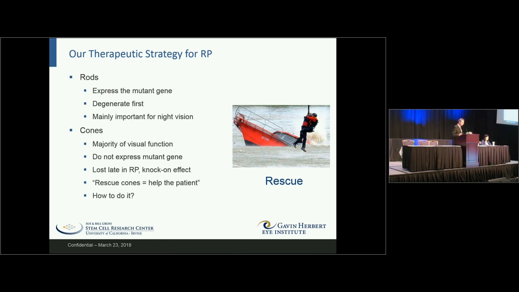Night vision problems can be cured by turning on a light, turning on your headlights, using a flashlight, etc. But the problem is it doesn't stop there, and then the cones start to degenerate, and they degenerate as a kind of knock-on bystander effect, and these cones are critical to most visual functions in humans. And so our tagline is, if we can rescue the cones, we can have a big impact on this disease. But again, the question is, how do you do this?